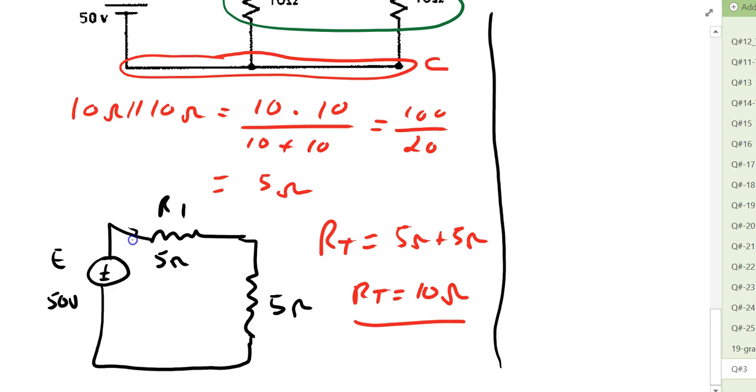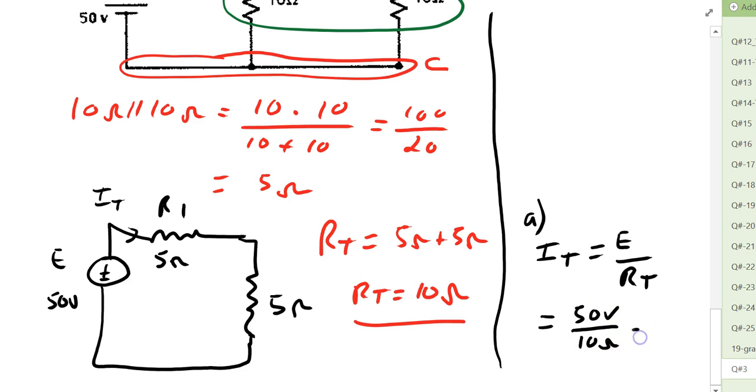And so first then we will calculate now IT, and part A then we can say that by Ohm's law IT is equal to E divided by RT, and we have 50 volts over 10 ohms, or 5 amps for IT.